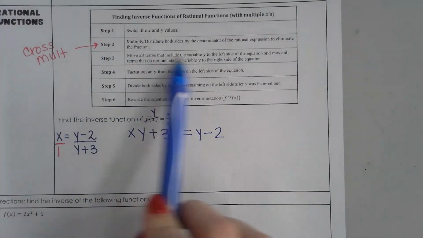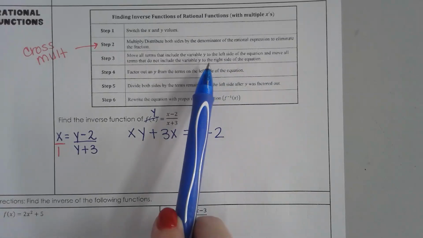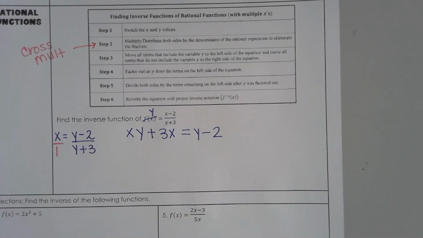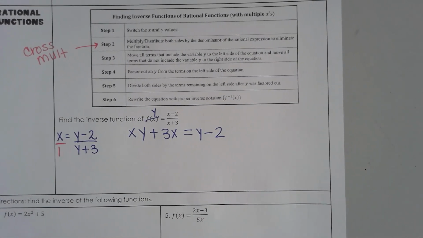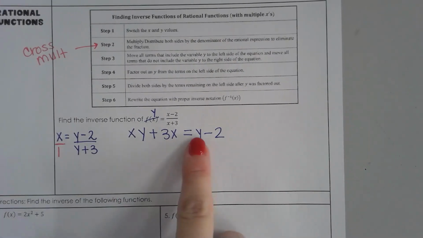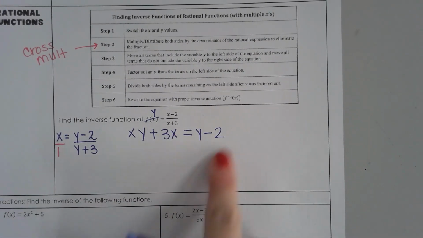Then in step 3, basically our goal is to get y by itself. So anything that has a y, we want to get it to the left. Anything that doesn't have a y, move it to the right. So this y's got to come over there, and that 3x has to go to the right.